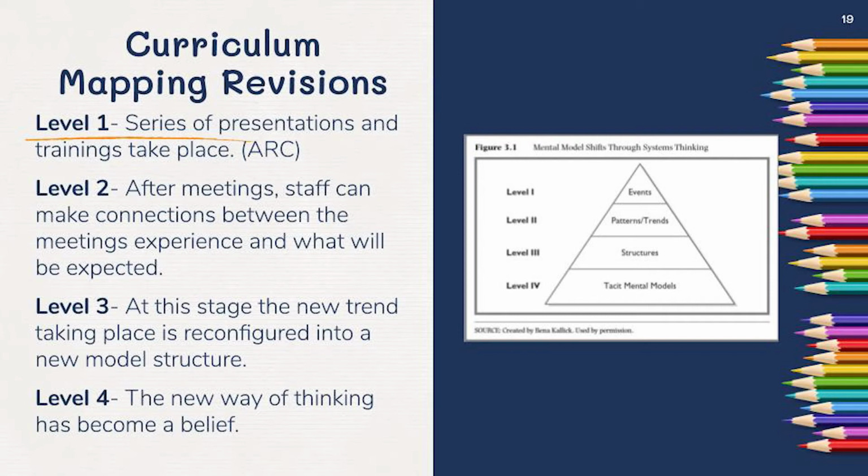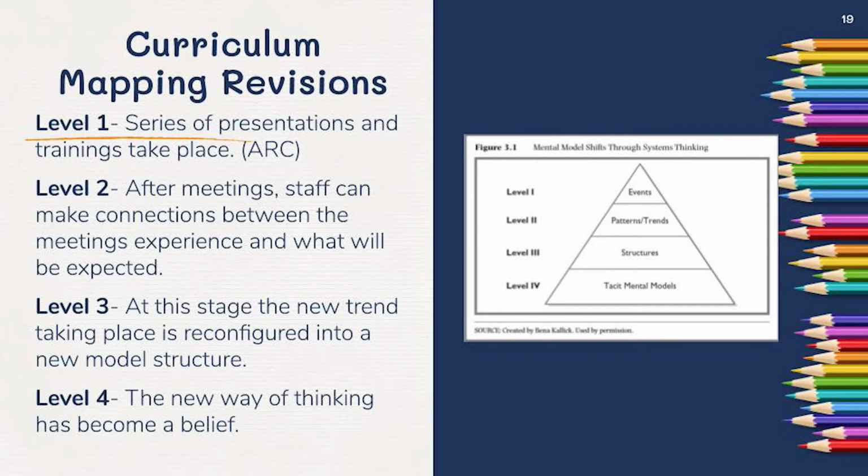Curriculum mapping revisions. There will be revisions to the curriculum mapping, and they're broken up into 4 levels. Level 1 will be a series of presentations and trainings that take place in order to understand the American Reading Company curriculum. At level 2, after meetings, staff can make connections between the meeting's experience and what will be expected.